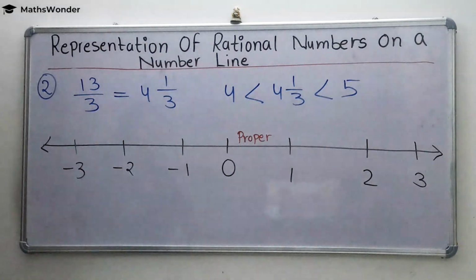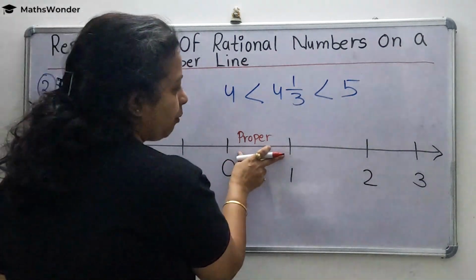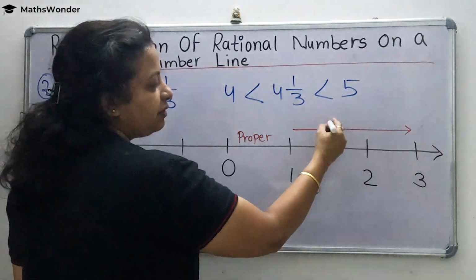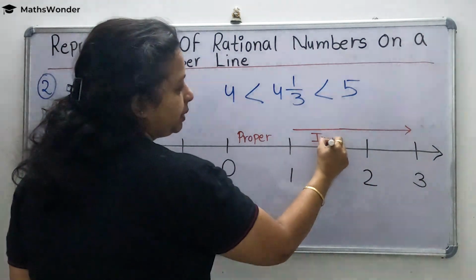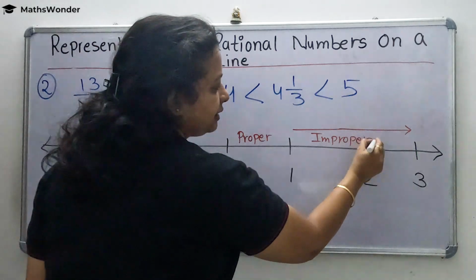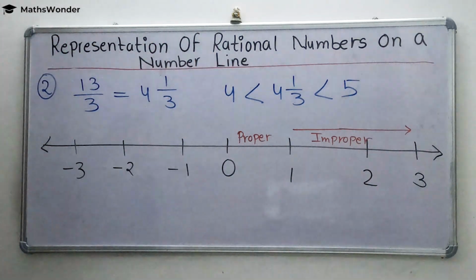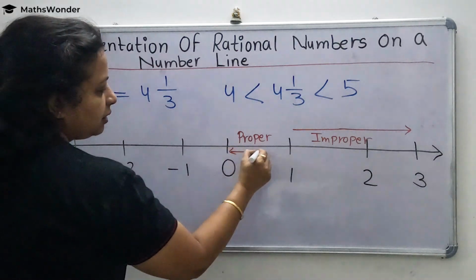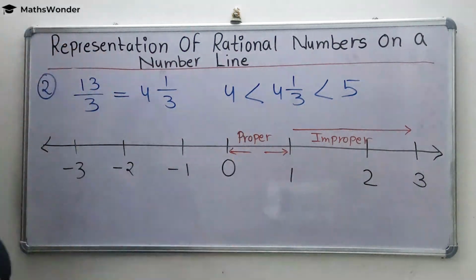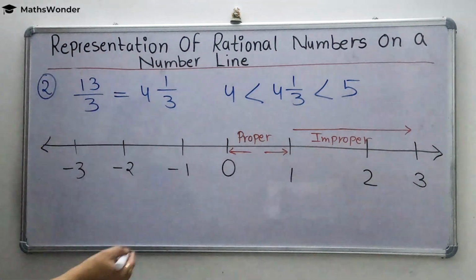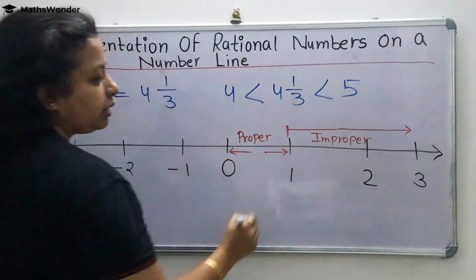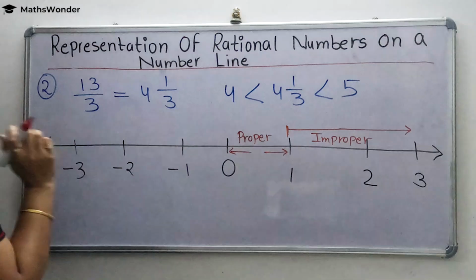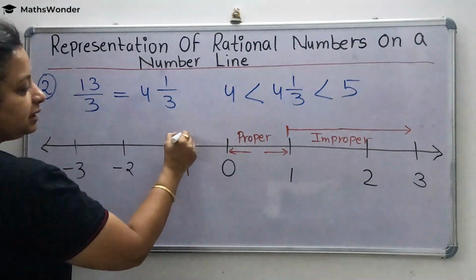In rational numbers, this is for the proper, and from this one onwards we have taken improper, right? Proper fractions always lie between 0 and 1, and improper starts from 1 onwards. In rational numbers, the same thing, we will do with 0 to 1.